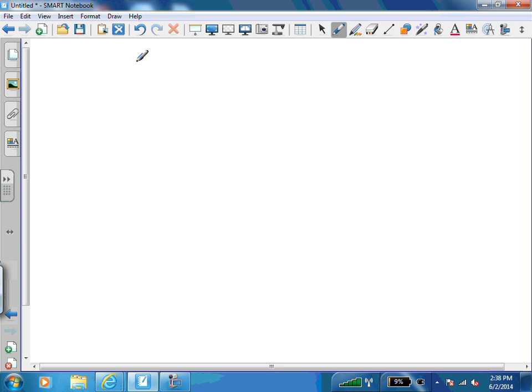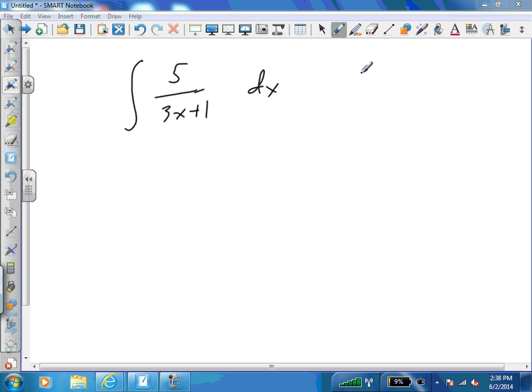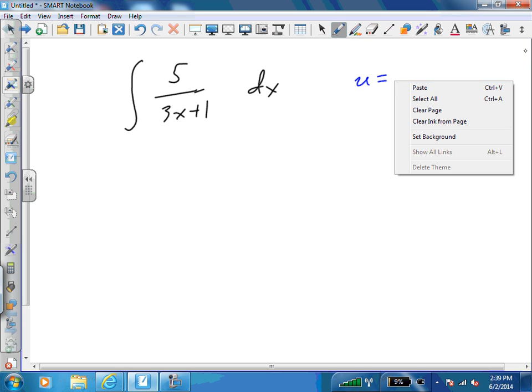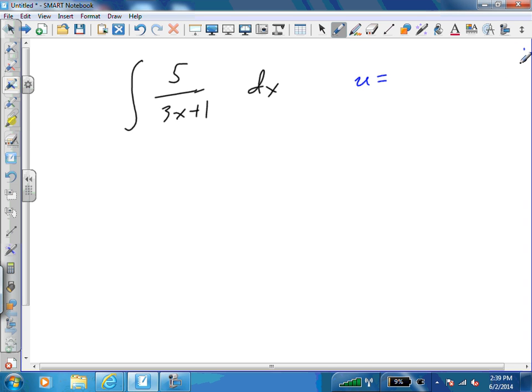So I'm just going to come over on another page for now. Any suggestions on what we let u be? What's the degree of the denominator? 1. What's the degree of the numerator? 0.